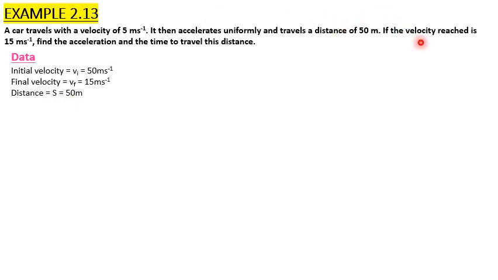If the velocity reached is 15 meters per second, after acceleration the final velocity becomes 15 meters per second. Now we have to find out the acceleration and the time to travel this distance.